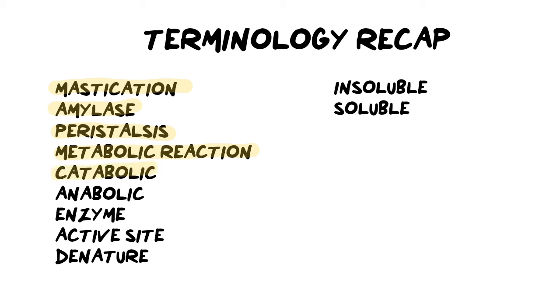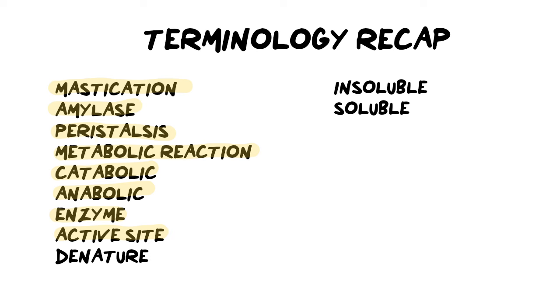Now, enzymes can be catabolic or anabolic, which means they can build up or break down substances depending on how much you need of that thing. And speaking of enzymes, we spoke about their active sites, which is the area that links in with the substance you're trying to break down, or the substrate. And that specific substrate is specific to the enzyme.